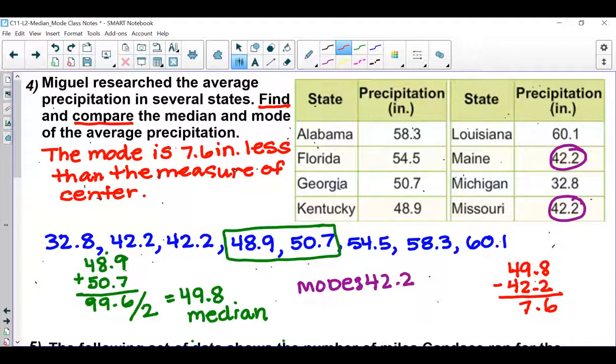So you're just comparing the two. Or I can flip it and say that the measure of center is 7.6 inches more than the mode. Either would be correct.